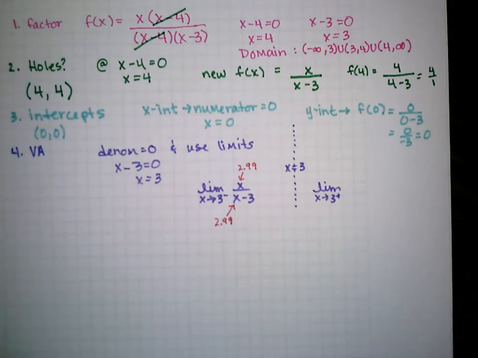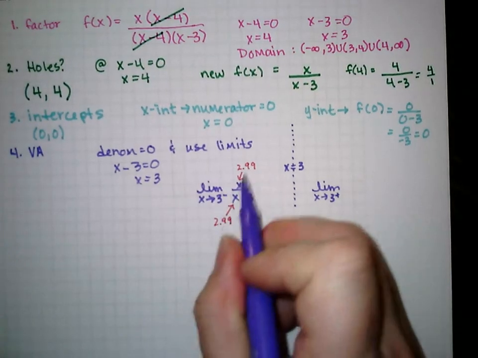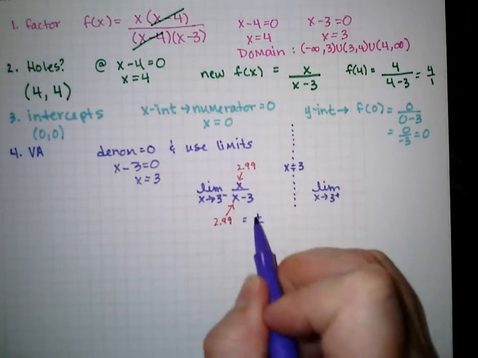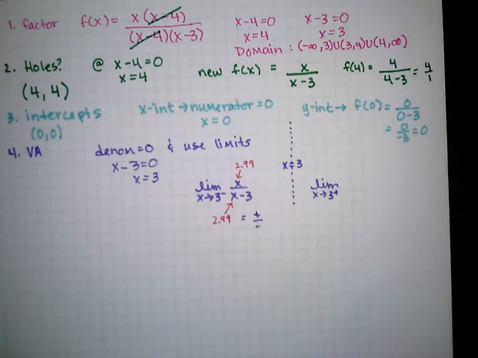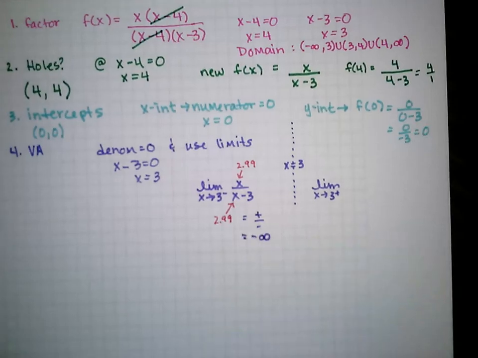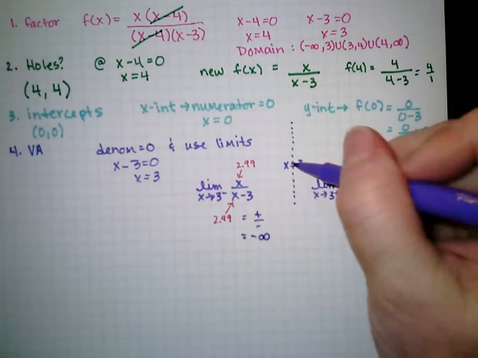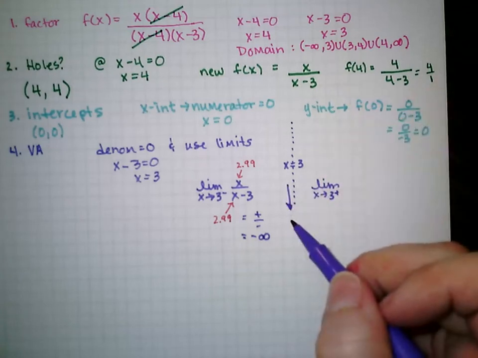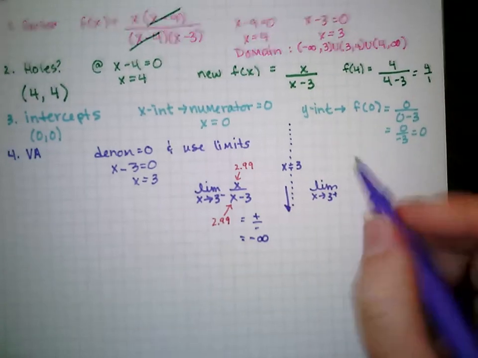I don't need to know the number that's going to come out, I just need to know if it's positive or negative. 2.99 is obviously positive, and 2.99 minus 3 is negative. So this is going to be negative infinity. What that tells me is that on the left side of x equals 3, my graph is headed towards negative infinity.